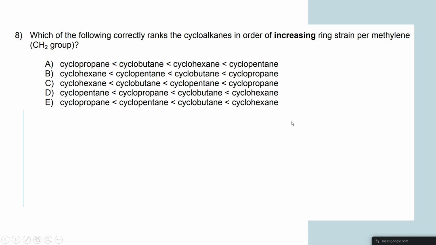Here we will talk about 3 to 6 membered cycloalkanes: cyclopropane, cyclobutane, cyclopentane, and cyclohexane, respectively. The question is asking which of these four cycloalkanes will have the highest ring strain and which one will have the lowest ring strain.